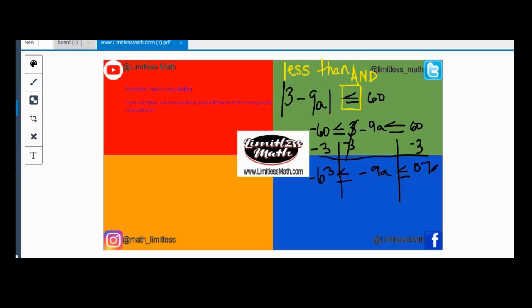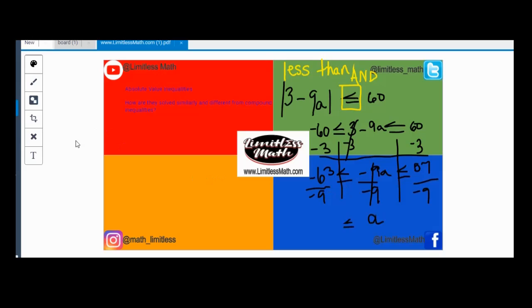At this point we are still solving. We want to divide everything by negative 9 in all 3 sections. The 9s in the middle will cancel. We have a, bring down our inequalities.